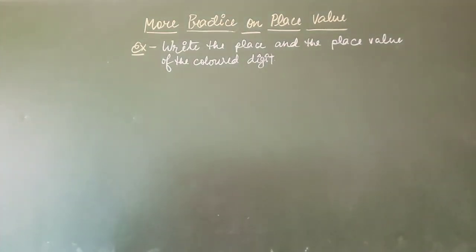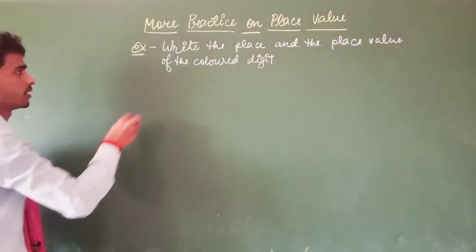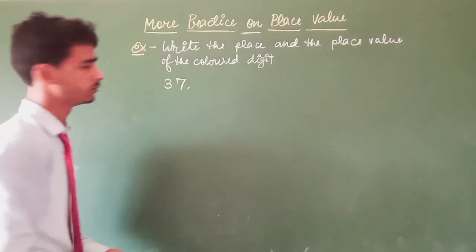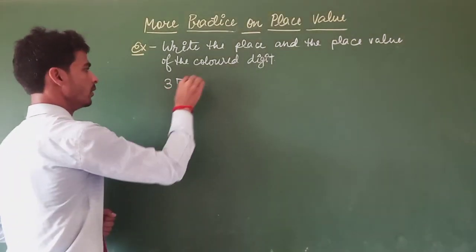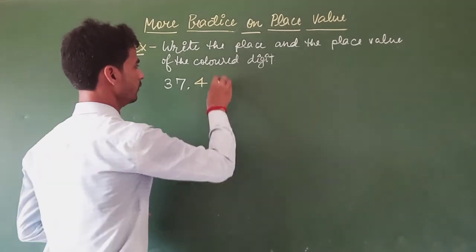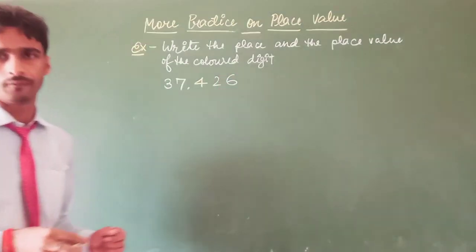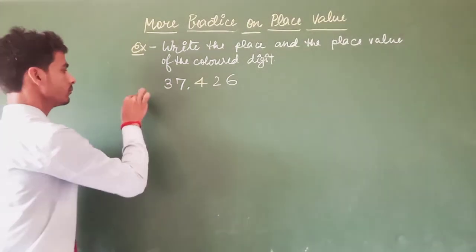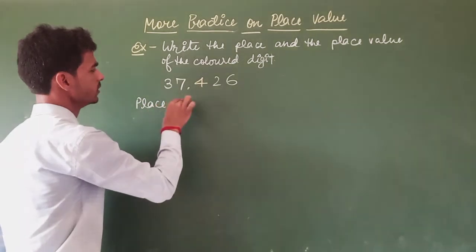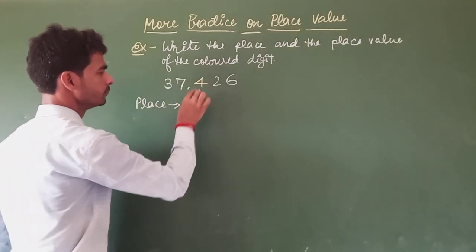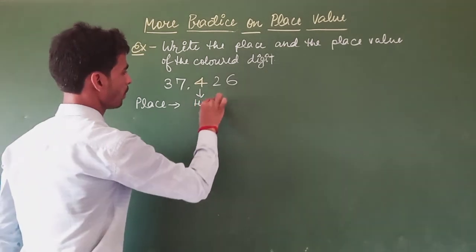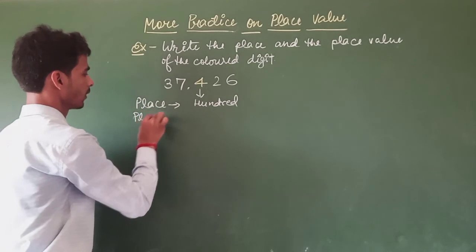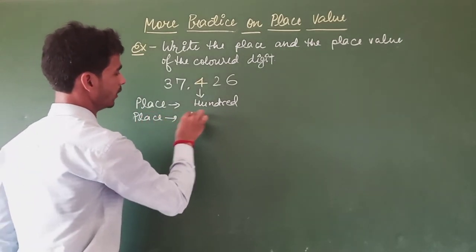Okay, there is a number 426. Firstly we have to write the place and place value. So the place of 4 is hundreds, and the place value will be 400.